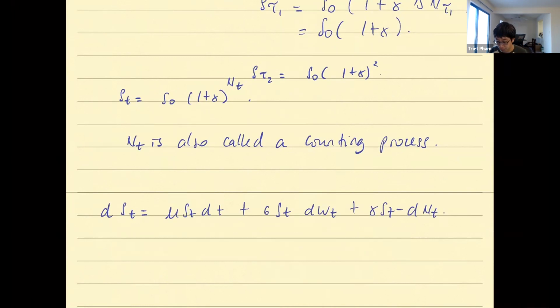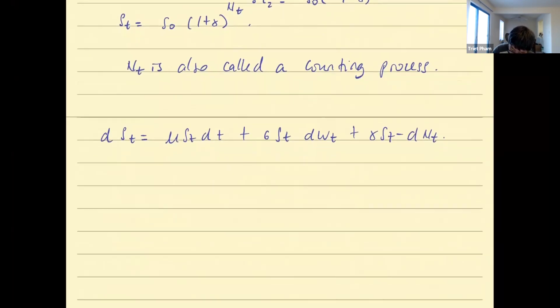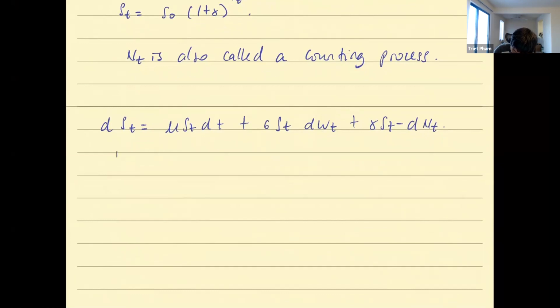Then, what happens? Let's investigate the picture again. So you have the N_T.